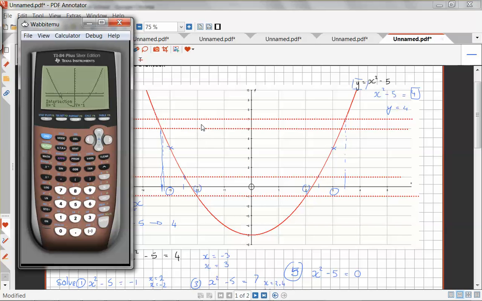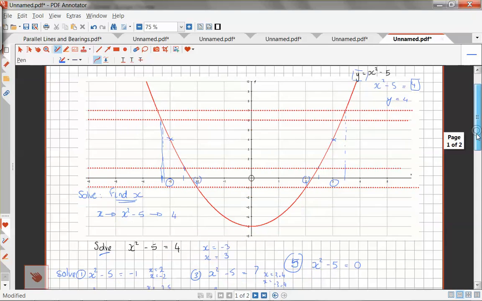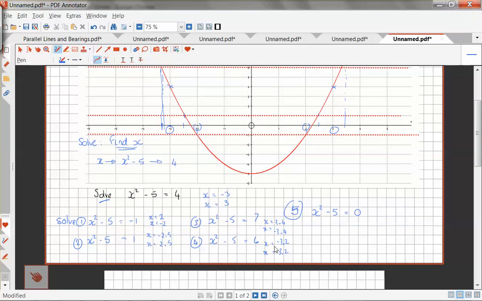Now, what you're going to do is use that method. Go back to y equals, and you can change that to be the other numbers. I want you to check whether you can find all the intersects, and check these ones that are decimals and see whether you got it right.